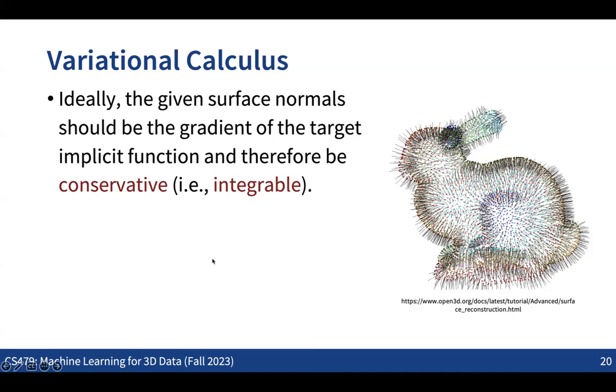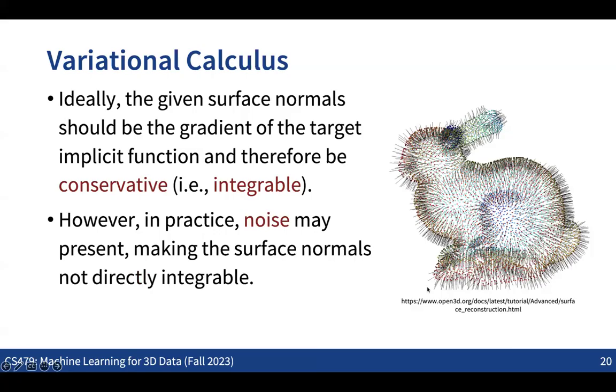The problem is that we are also estimating the surface normal information, so there might be some noise. This may not be the perfect gradient of the function that we want to get.